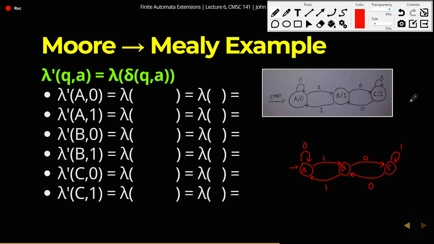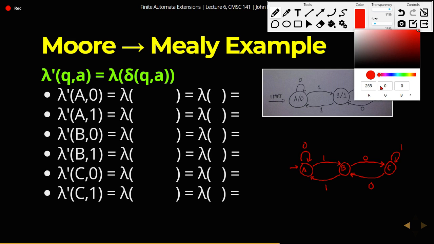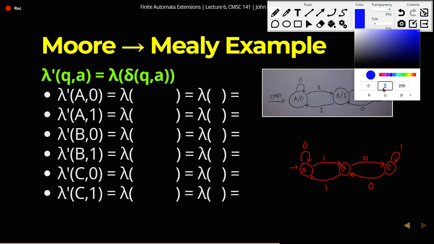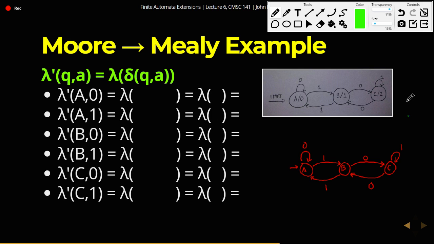So what I did was I just copied the Moore machine, but I did not include the outputs on the states anymore. What we will fill in are the transition outputs. So I'll use a different color for this one. Maybe green is better. Okay, there you go.